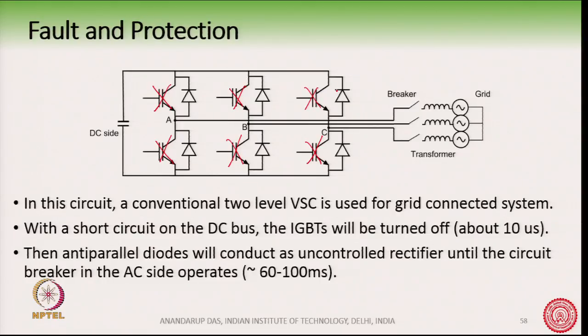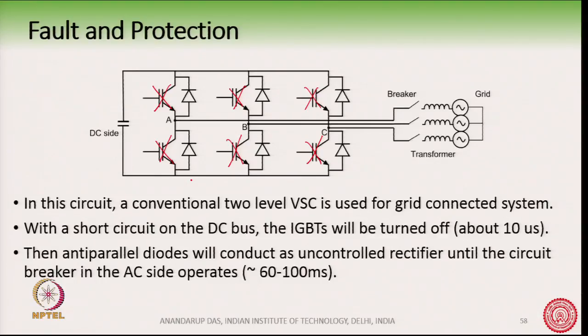So, therefore, what will happen? They will conduct, and the grid will see an uncontrolled rectifier feeding to the DC bus. The current during this time can be very high.